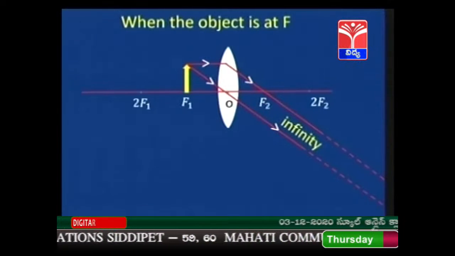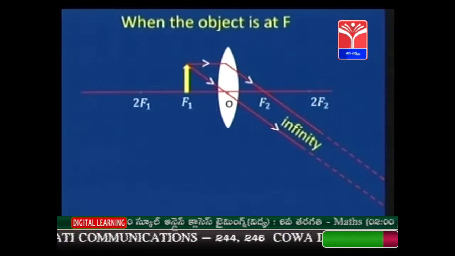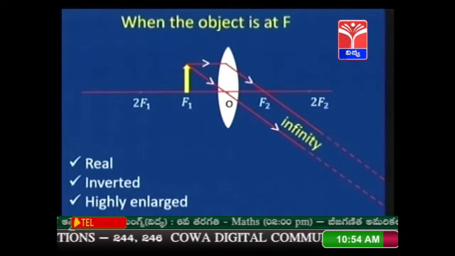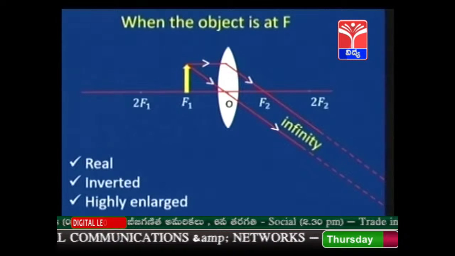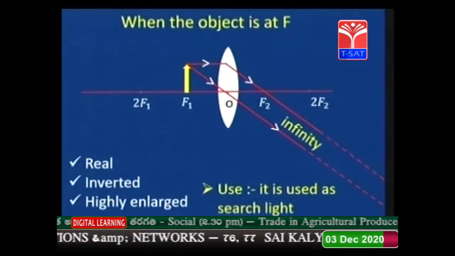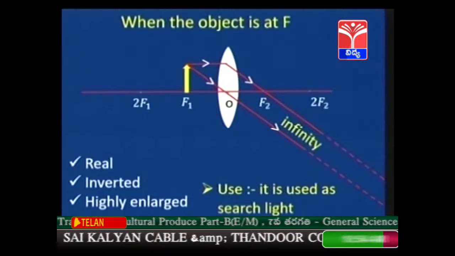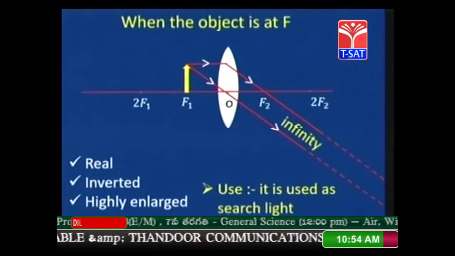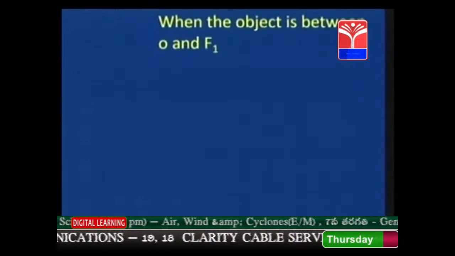So these two light rays are going to meet at infinite distance, that means far away. In this case the image is real, inverted and highly enlarged, and it is used as a searchlight. This concept is used in searchlights. When the object is between O, that is the optical center, and F1.